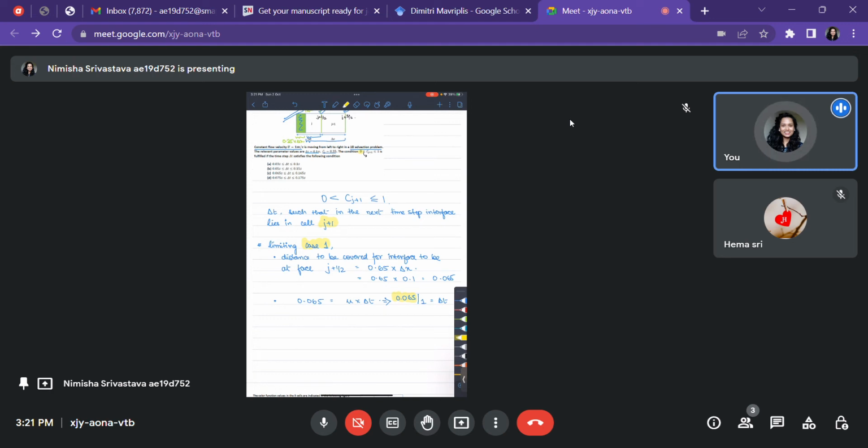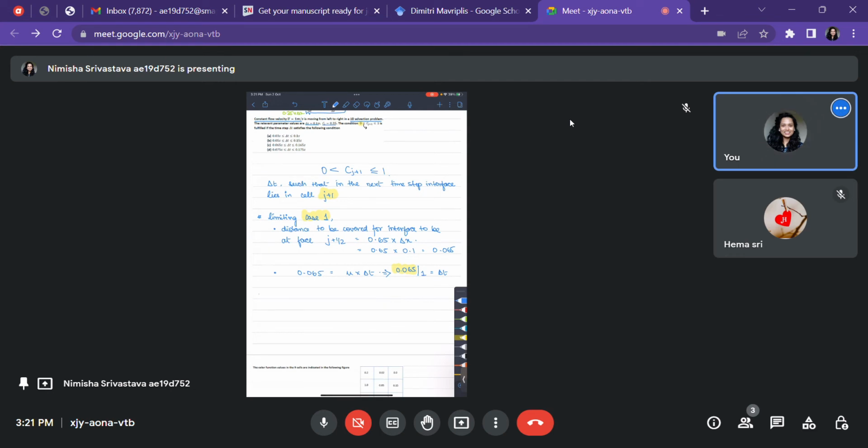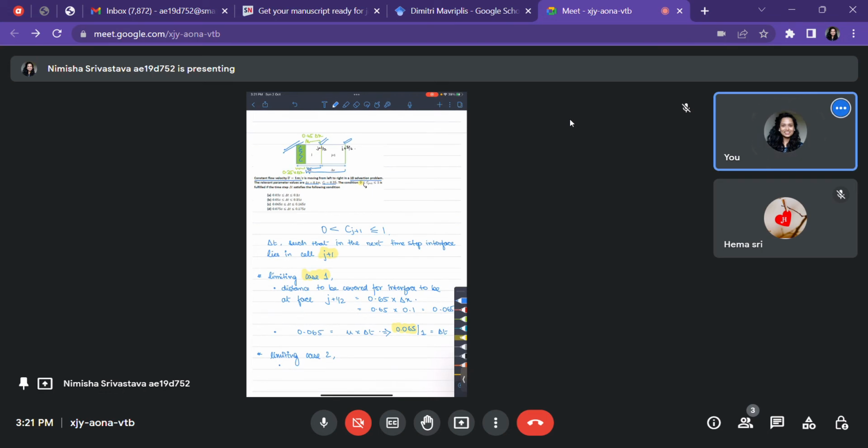Okay, this is the smallest time step allowable for a condition to be satisfied. Then limiting case 2 is that, let me just write down again. Interface is at j plus 1 half was our limiting case number 1, that is the interface lies over here.